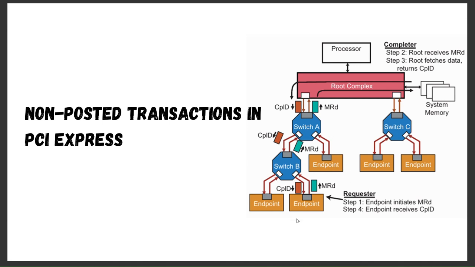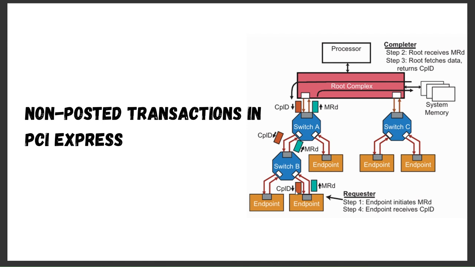And then how does the fetching of the data happen? The root complex reads the memory at the requested address and gathers the data to be sent back to the endpoint. Now, sending the data back. The root complex sends the data back to the endpoint in completion data packets.